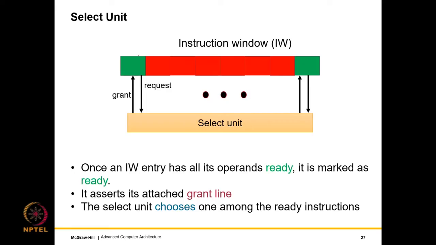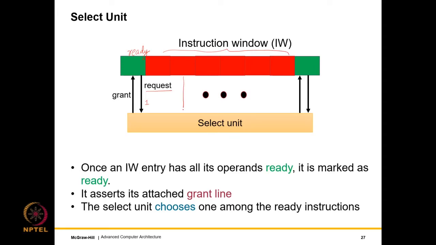In the instruction window, we'll have instructions of two types, red and green. Green instructions are the ready instructions, which are ready to execute, and the red instructions are waiting. There is a wire essentially for each entry. We call it the request line. Whenever it is ready, it just asserts its request line, which means sets it to 1.